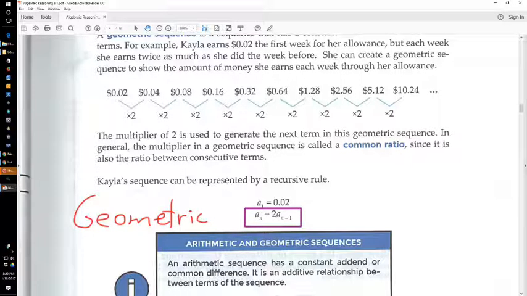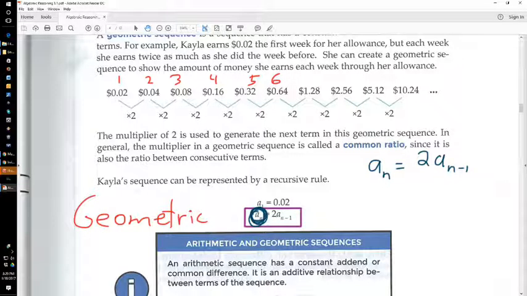So what this says is whatever term I want, I take the one before it, a sub n minus 1, and I multiply it by 2. If you're thinking of these guys, this one's number 1, this one's number 2, 3, 4, 5, 6.